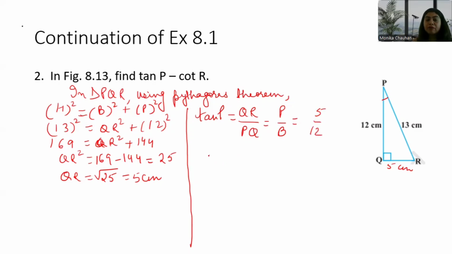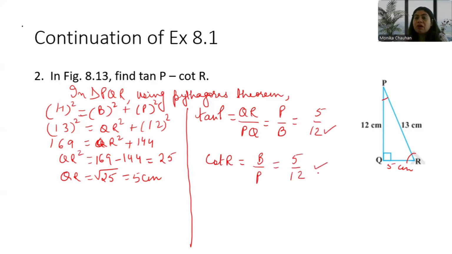And then you have cot R because you have to find out the value for this. Now for R, it is straight away, because this is for this angle. So here we have cot, which is base upon perpendicular, and it is a reciprocal of tan. So now base upon perpendicular means 5 upon 12.